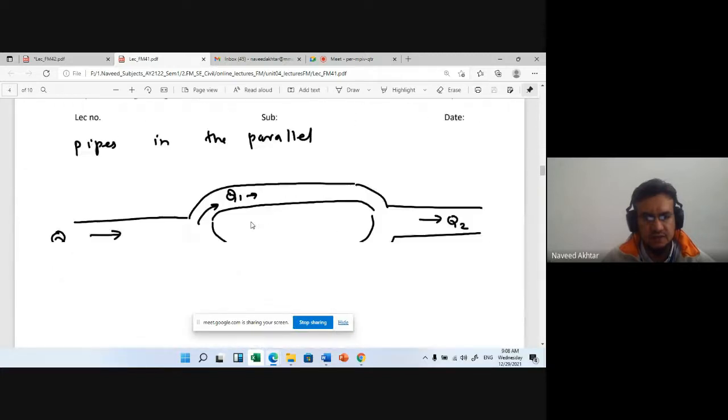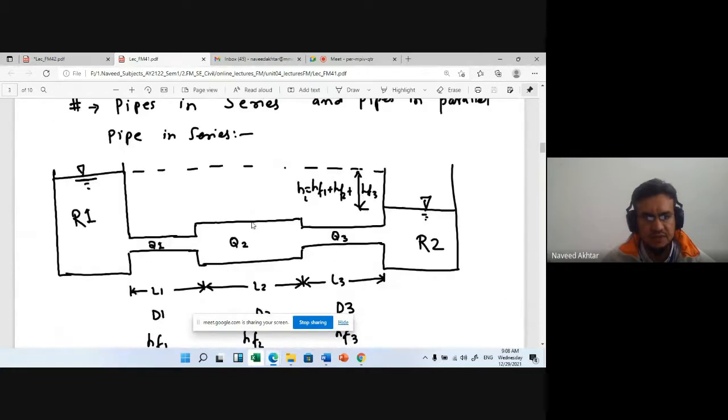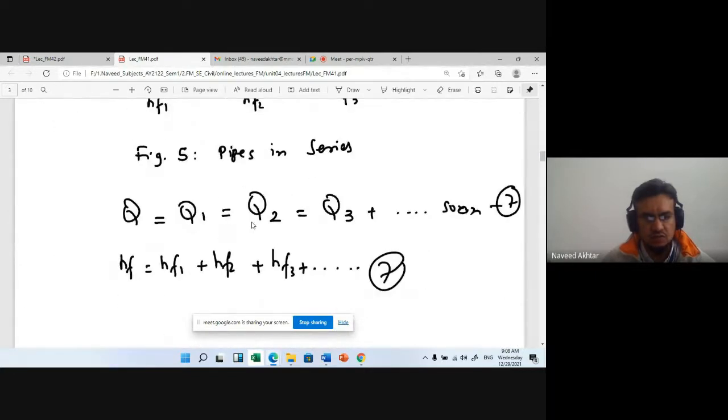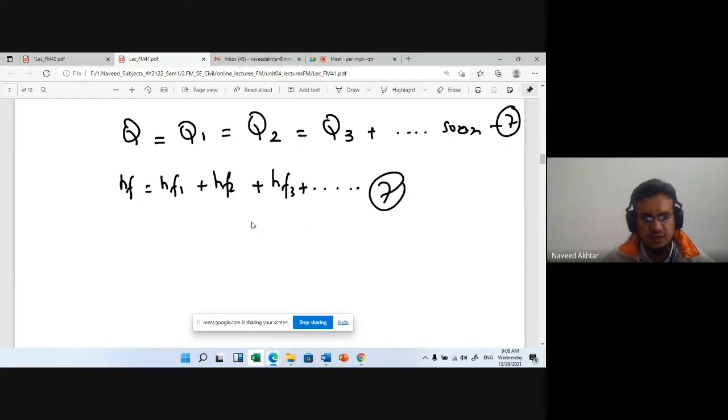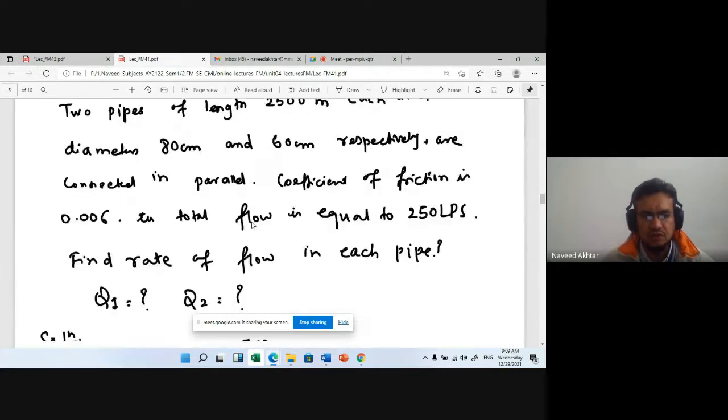This one is pipe in parallel, this one is pipe in series. We saw its effect on the discharge, the friction factor, and the head losses.